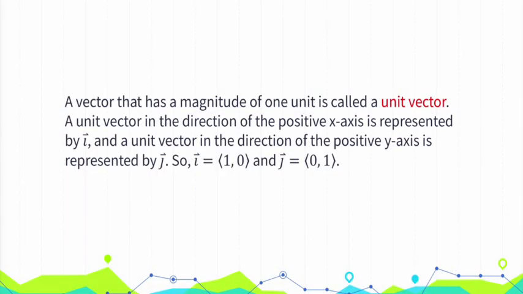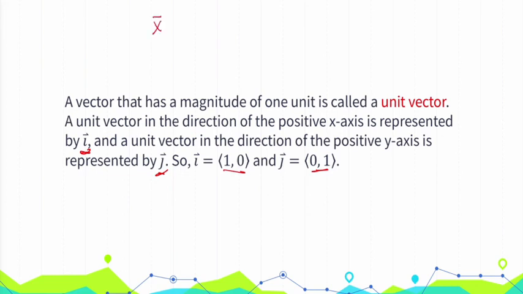And real quick, a vector that has a magnitude of 1 unit is called a unit vector. A unit vector in the direction of the positive x-axis is represented by i, and a unit vector in the direction of the positive y-axis is j. So i is the vector <1, 0>, and j is the vector <0, 1>. We can also represent other vectors in terms of i and j.